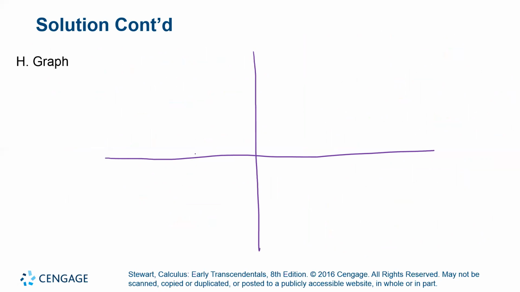Now I'm going to spread this out. I have -2, that is my vertical asymptote, and I have positive 2, also a vertical asymptote.